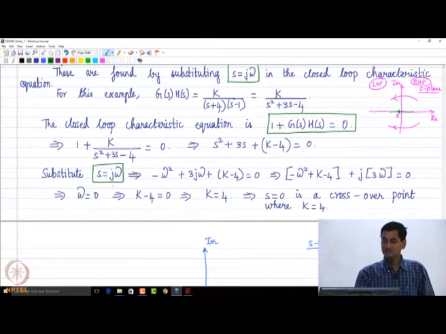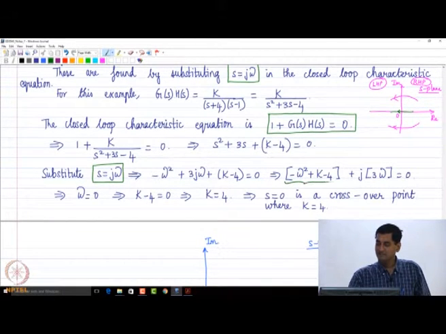So, we substitute s equals j omega. s squared becomes minus omega squared, then we get 3 j omega plus k minus 4. Then we collect the real part and the imaginary part. The real part is minus omega squared plus k minus 4, and the imaginary part is 3 omega, right.